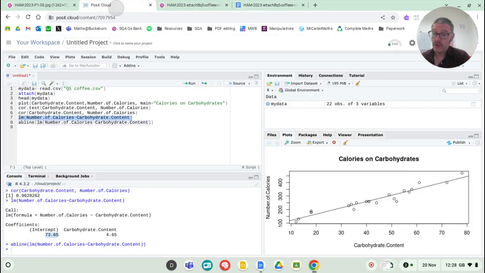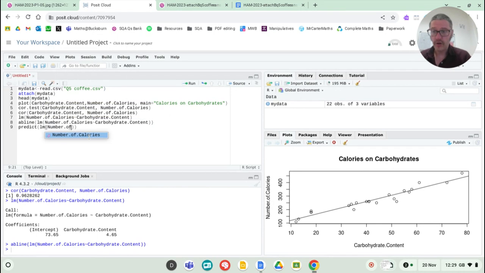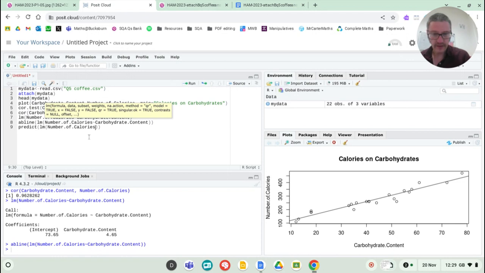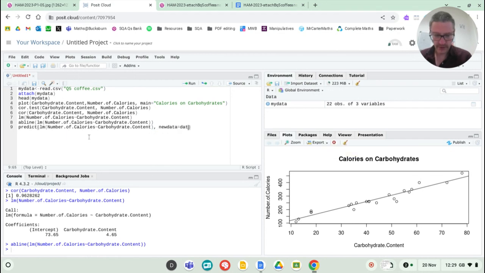You could use RStudio to do that. So you've got a line of code. It's a quite intimidating line of code, but it would look like this. Predict using a linear model of y upon x. So number of calories tilde carbohydrate content, bracket new data equals data dot frame.